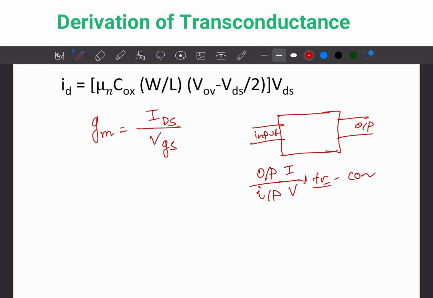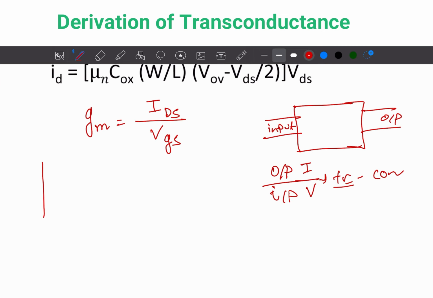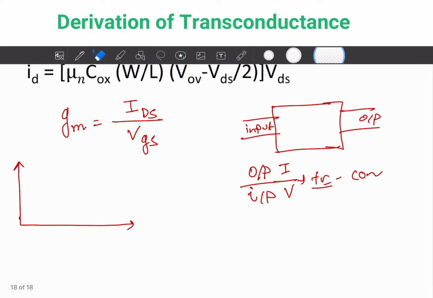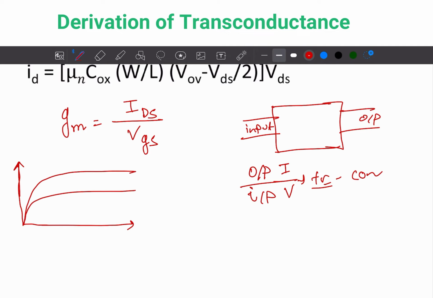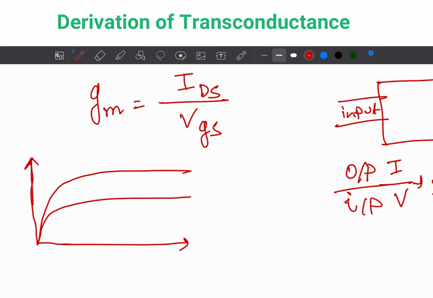Okay, so we can calculate this one in two ways. First one is the practical method. When you do the practical in the lab, then how do we need to calculate this one? So this is the output characteristics of the MOSFET, where this is VDS and this is ID, and we need to calculate this one in the saturation region.